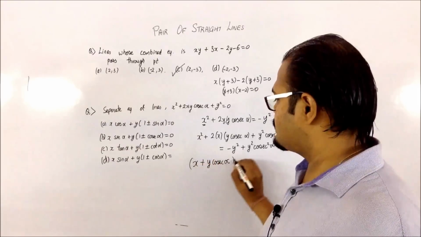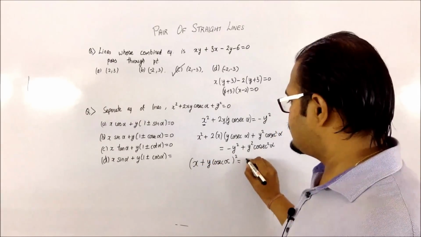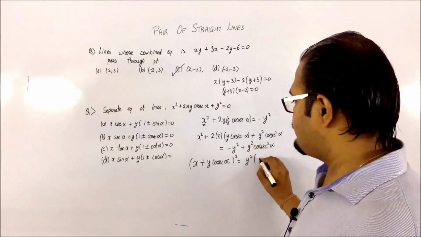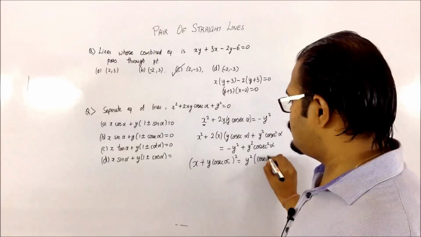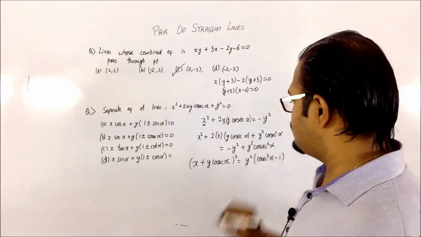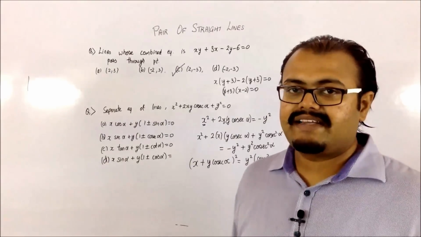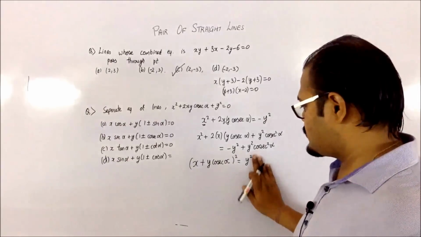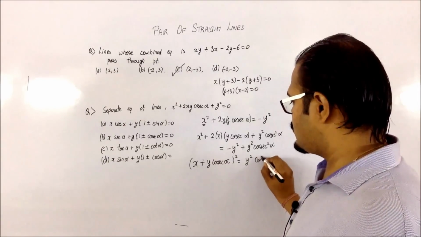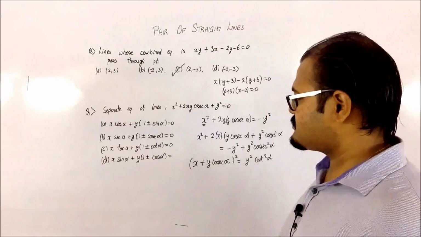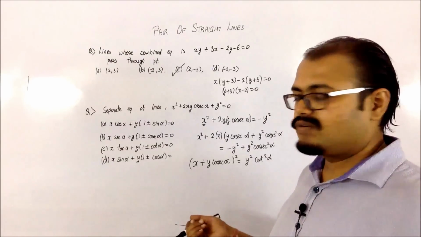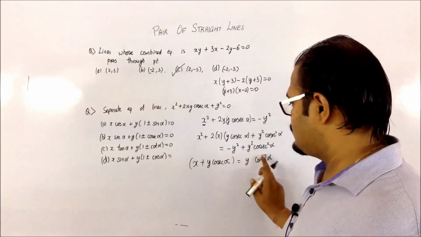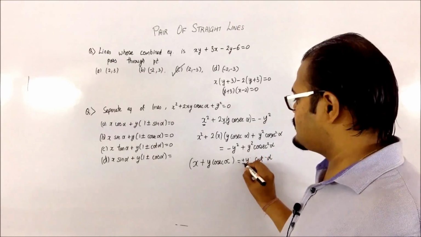From this, if I take my y square common, I will get cosec square alpha minus 1. So cosec square alpha minus 1 is basically cot square alpha. When I'm taking the square root on both sides, I will get plus minus.